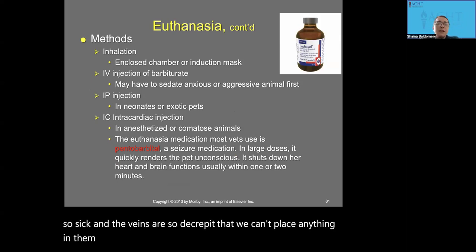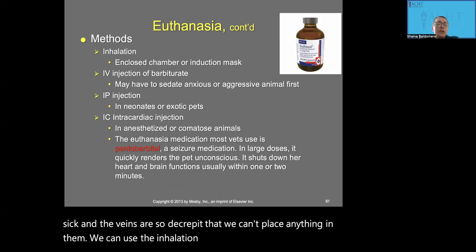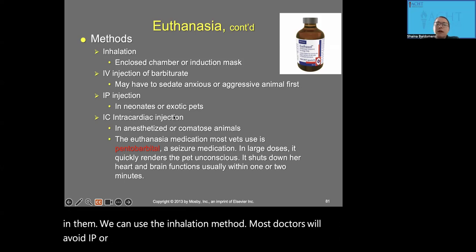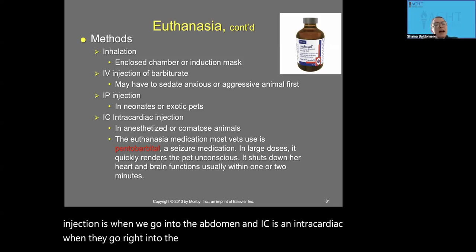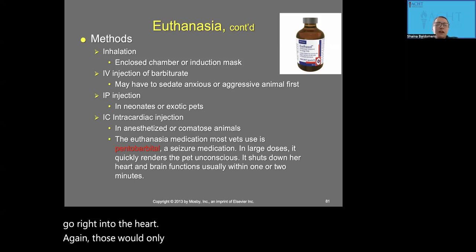We can use the inhalation method. Most doctors will avoid IP or ICs, or only do it if we absolutely have to. An IP injection is when we go into the abdomen. An IC is an intracardiac, when they go right into the heart. Again, those would only be done in very specific circumstances by a veterinarian.